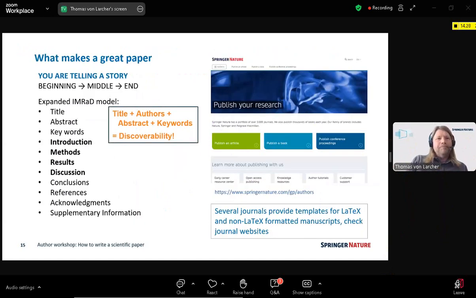All right. So this is another recap slide, but it also includes what comes next. I talked you through the most important sections, introductions, methods, results, and discussions, as well as conclusions. But of course, your manuscript has also a title, an abstract, keywords, references, acknowledgements, and maybe supplementary information, right?